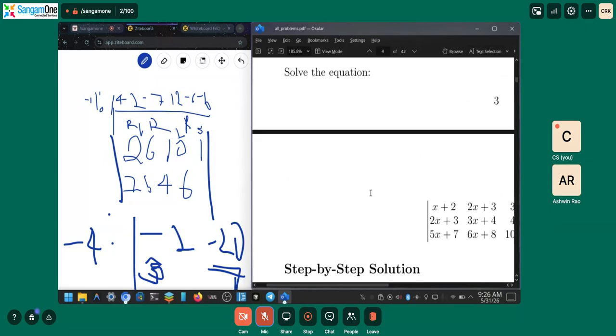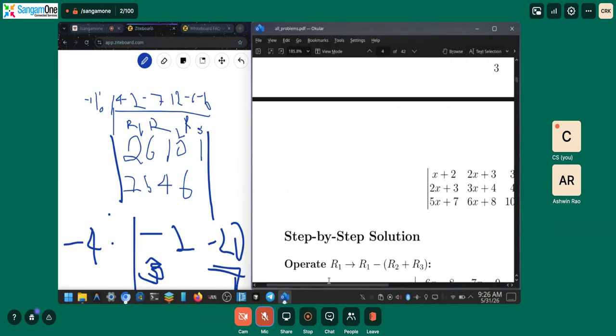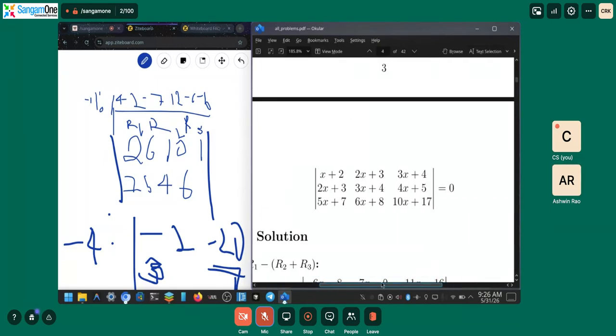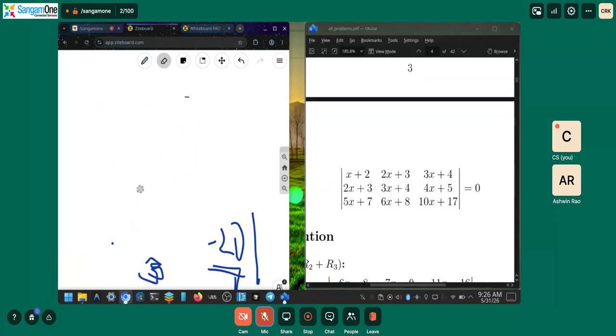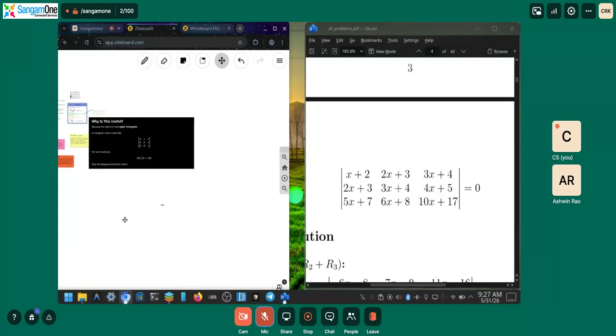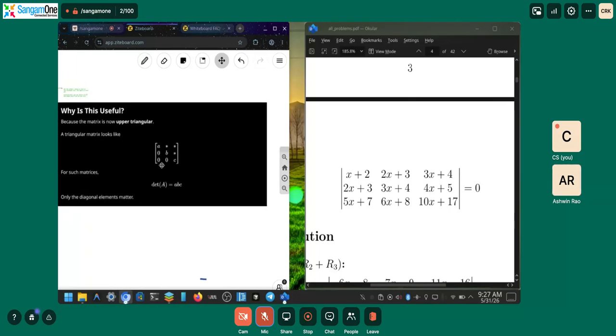Okay, moving on to properties of determinants. Here you can see this is the given determinant. How to solve this? Here is the important property you need to refer.